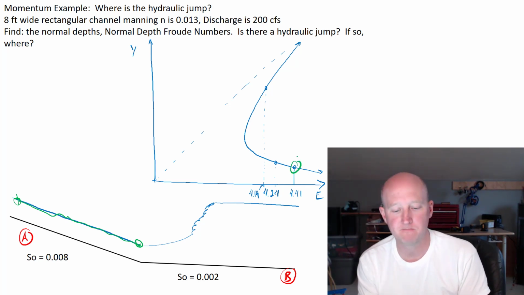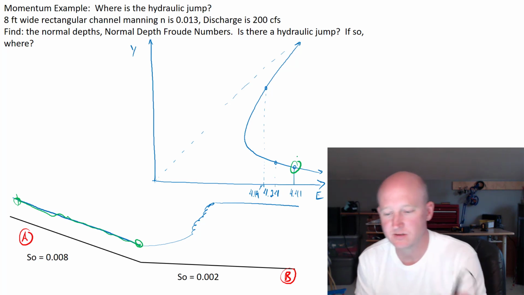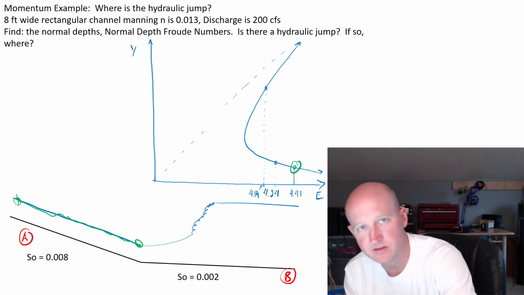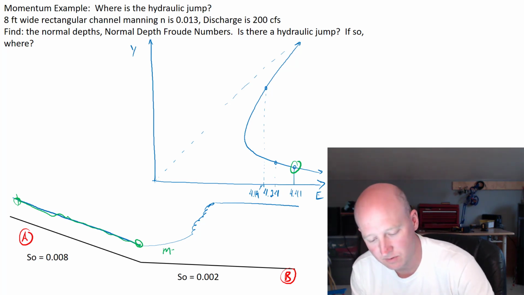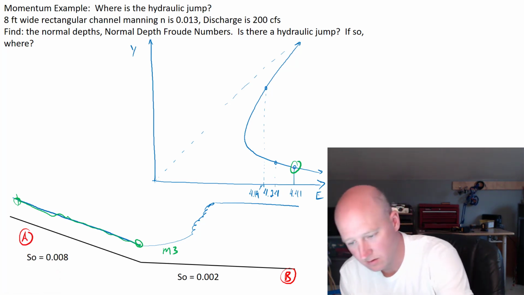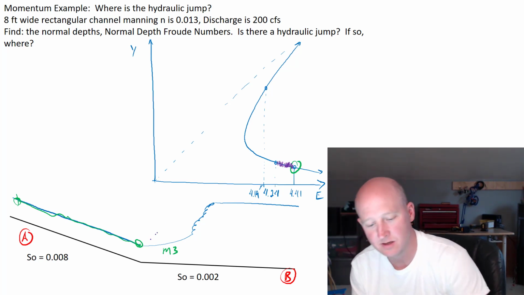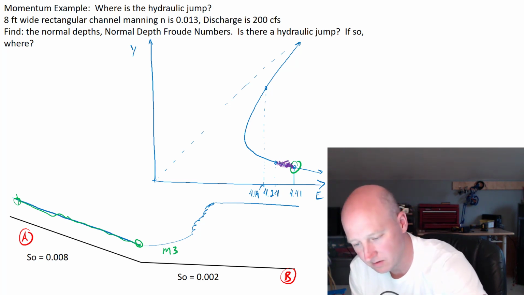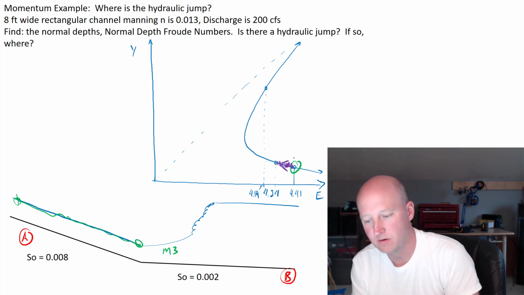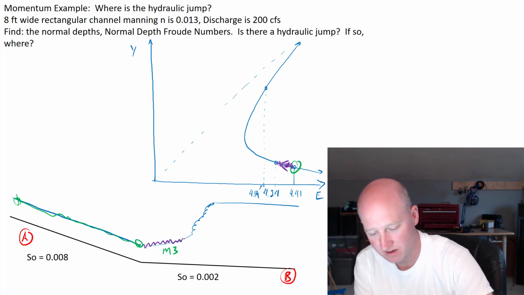At that point, the energy loss is greater than the energy gained as it moves downstream, and so the water has to slow down. It's going to lose energy, and so basically this M3 curve corresponds with this section. So the water is basically burning off energy, and so this jagged line is moving from 4.41 to 4.24. That's this section right here.